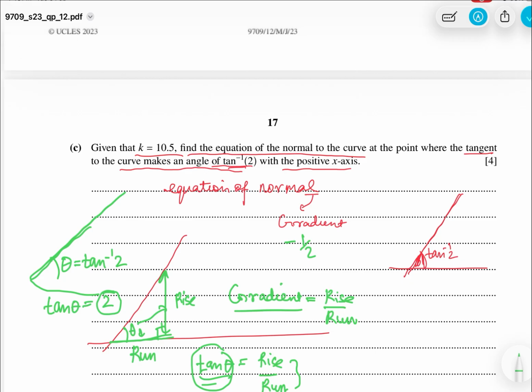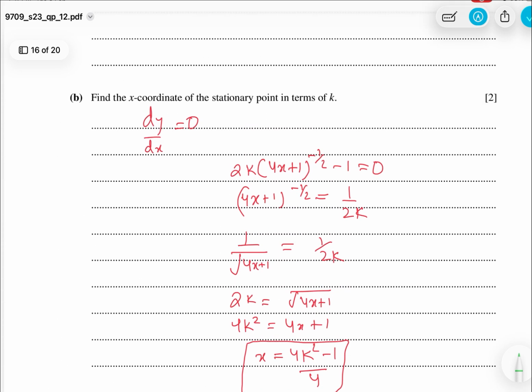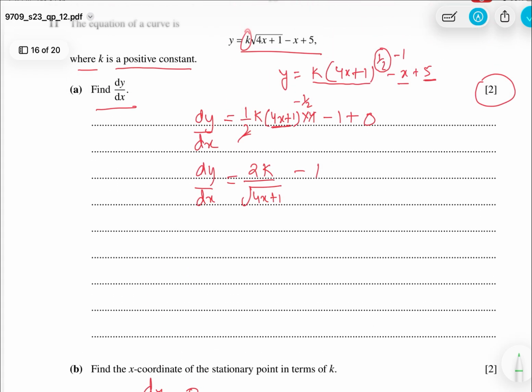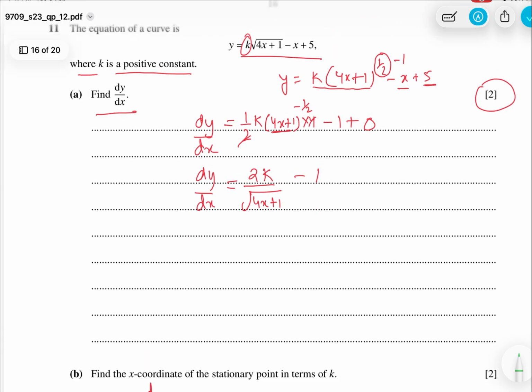We have been asked, given that k equals 10.5, find the equation of the normal to the curve. Now we know dy over dx was 2k upon the square root of 4x plus 1, minus 1.